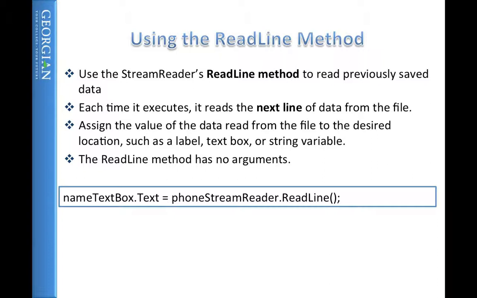Here's the ReadLine method. After we've instantiated the file, now we can read each line of the file into textbox.txt as an example. And this makes it a lot easier for us, because remember what we were doing before. We weren't reading each line. We were looking for that delimiter, listening for that \n delimiter in simple file I/O. Here we're reading one line at a time.